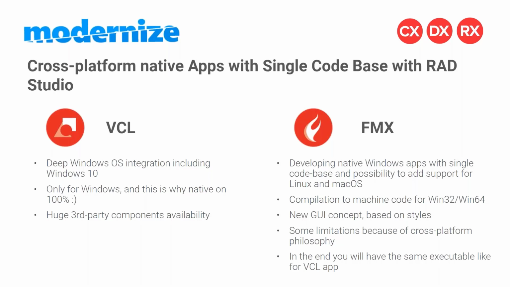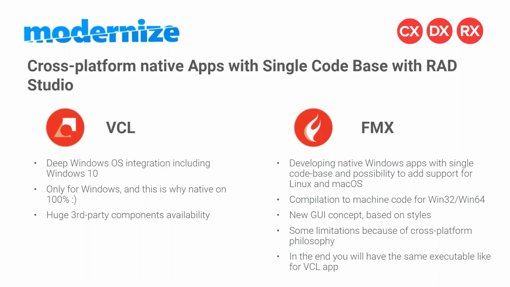But if we choose FMX for brand new development, we will have Windows native applications with a single code base and the possibility in the future to add support for Linux and macOS. Because FMX builds the same native application like VCL, as you are compiling your application to low-level machine code. Again, as I already said, FMX has a new GUI concept based on styles.